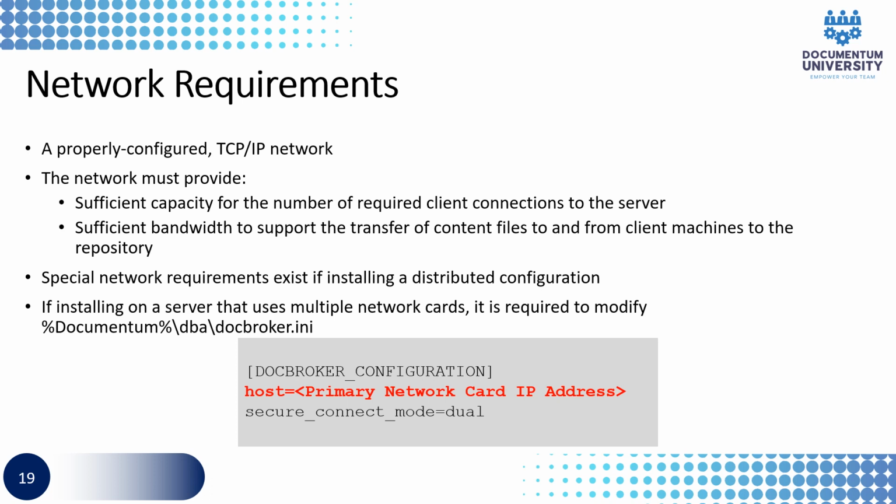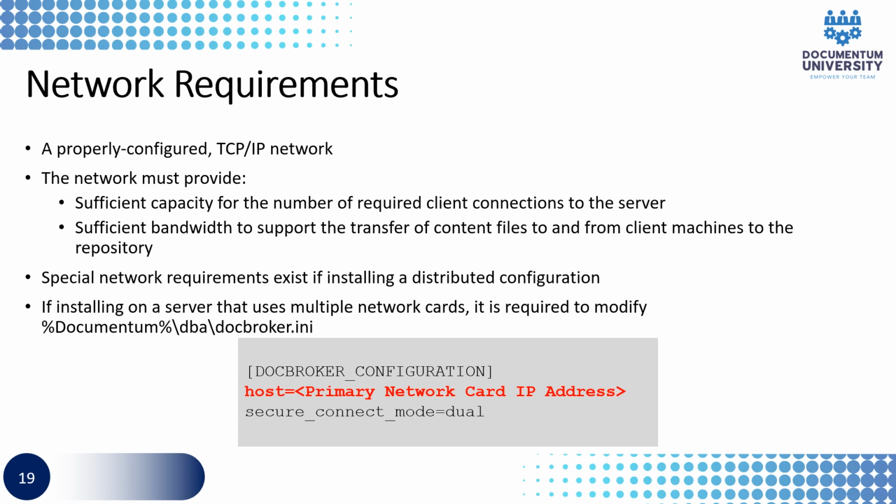If you are planning to install the Documentum system in a distributed configuration, special network requirements may exist. It is recommended to review the Documentum Distributed Configuration Guide to ensure that all network requirements are met.